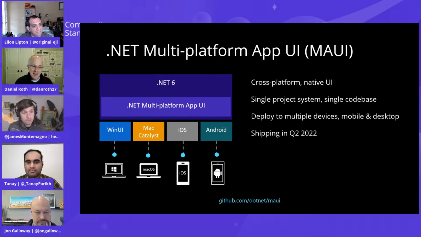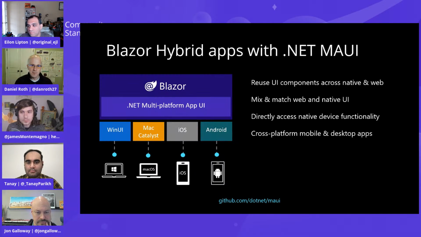And what's really neat is we are integrating Blazor support into MAUI so that you can use MAUI for building Blazor hybrid applications. We're giving you a built-in MAUI control called a Blazor web view that allows you to host your Blazor components directly in a MAUI application and render them to an appropriate web view control for that underlying platform.